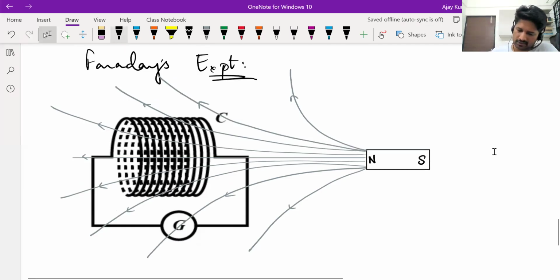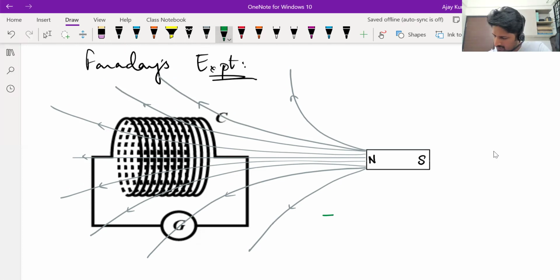What Faraday observed was that when the bar magnet is moved closer to the coil, the galvanometer showed some deflection. There was current produced in the coil, and the needle deflected in a particular direction.